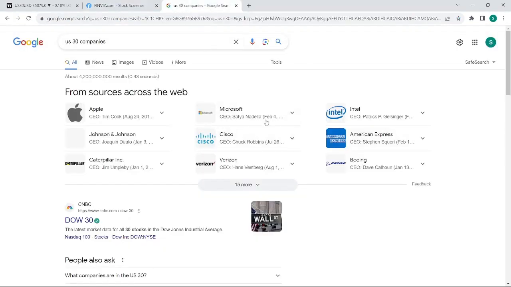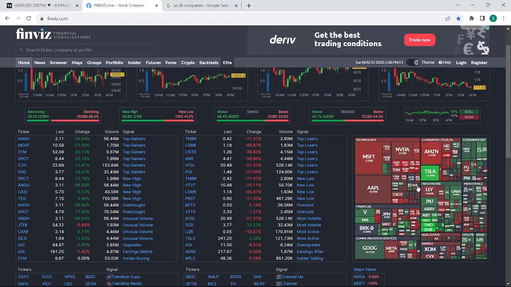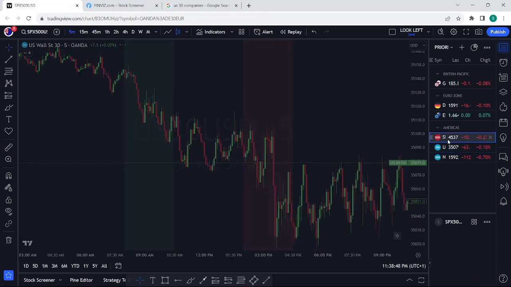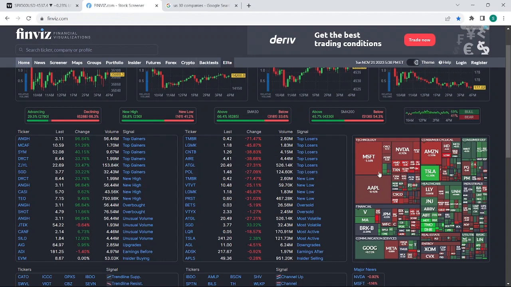You can find Microsoft and Apple, and you can find some of those companies here, like a color illustration. So all the big companies are listed here for US30, and on SPX, all the 500 companies are listed here too.